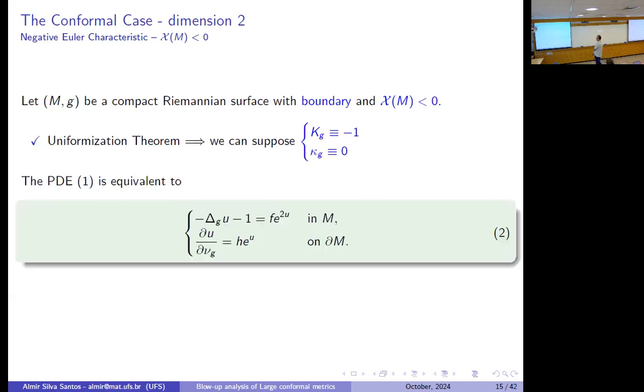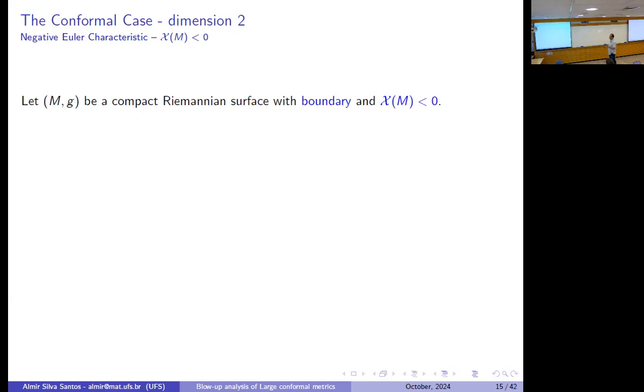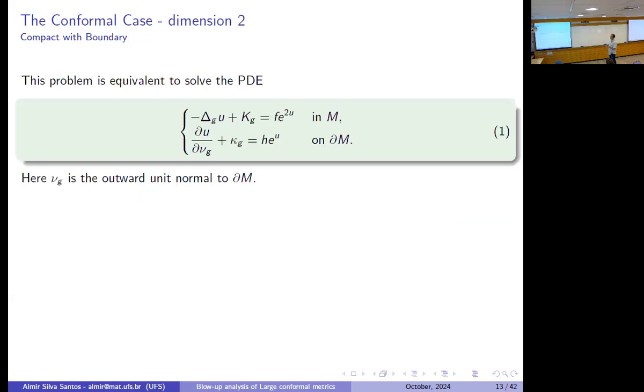And then the PDE that we want to solve is this one, right? It's the same PDE, but this function is equal to 0, and this one is -1.